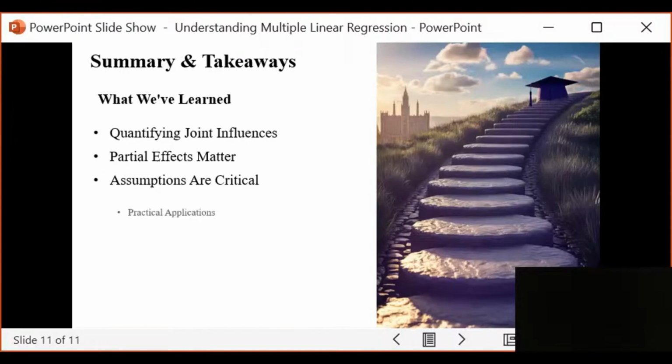And finally, the practical applications of MLR. Multiple regression is not just a statistical exercise, it's a decision making tool. Whether we are studying academic performance, predicting business outcomes, or evaluating behavioral patterns, regression helps us make evidence-based inferences and informed decisions. This is our presentation.